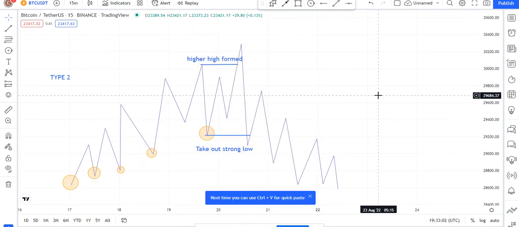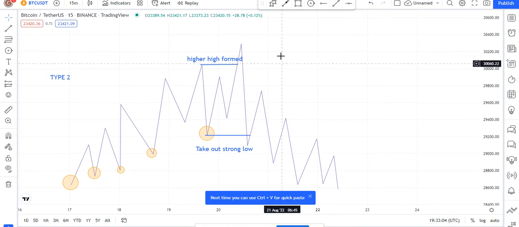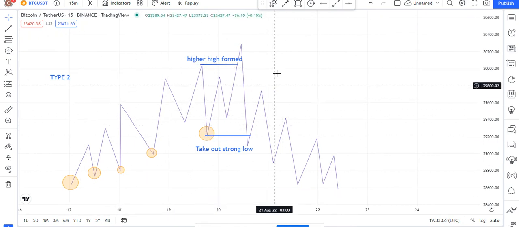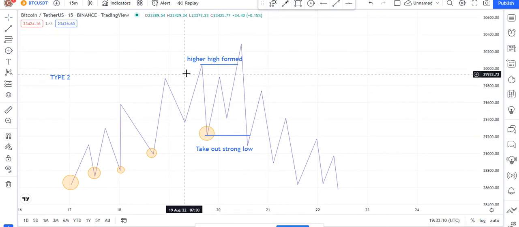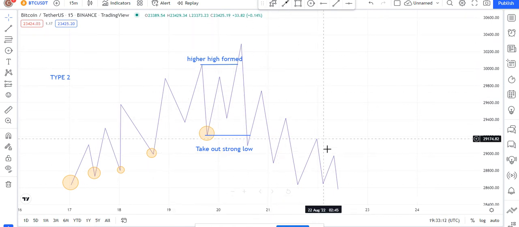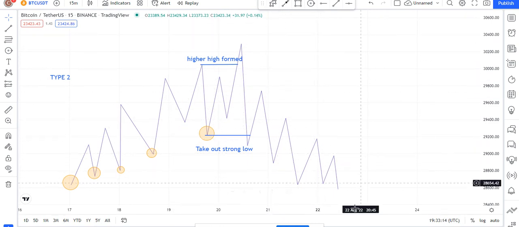So this is the second type of reversal. So the price totally changes its bearing, it totally changes direction. So it's not as if it continued the trend. It took it out and started a new trend, all right?